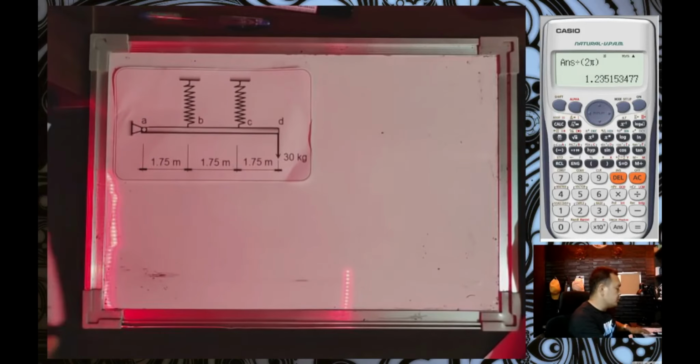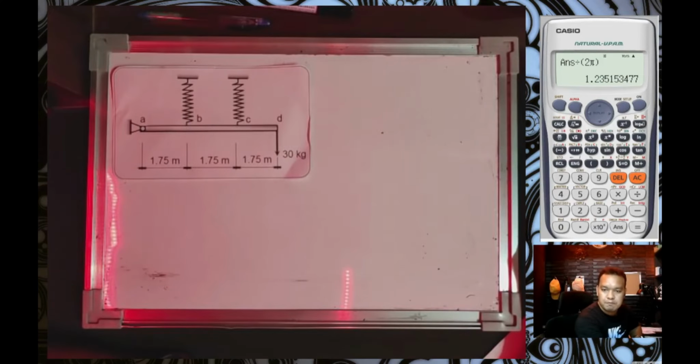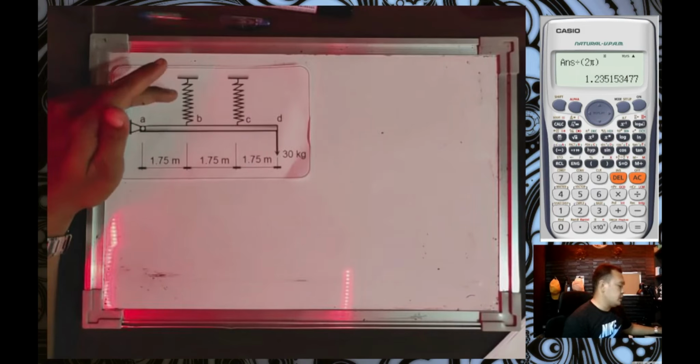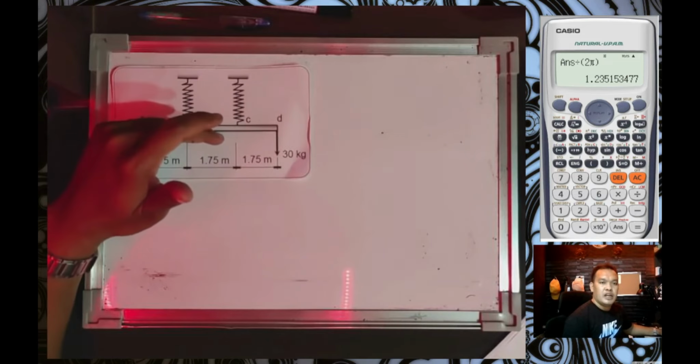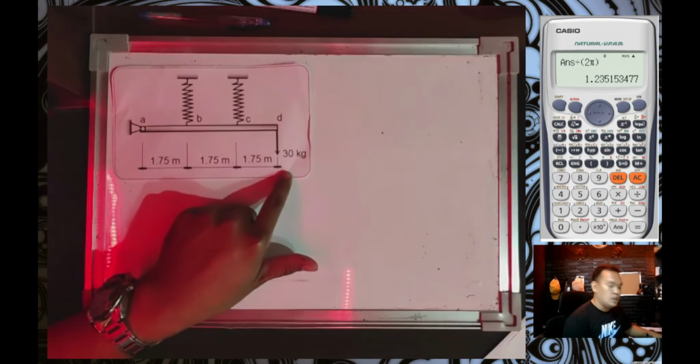Okay. So, ito yung ano natin. Meron daw sabi dun sa problem natin na dalawang spring na nagsusupport dun sa ating beam, no? Na may load na 30 kilogram dun sa end part ng beam natin.